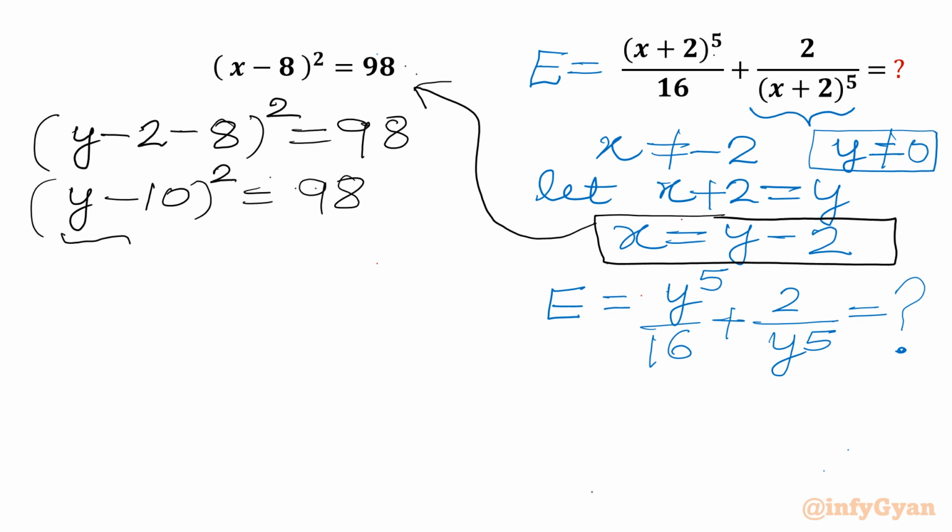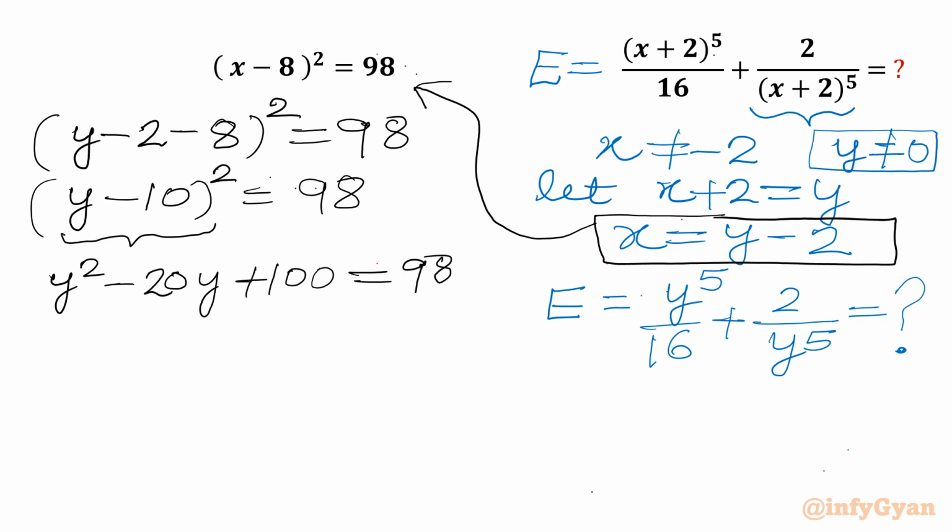Let's apply the (a minus b) whole square formula here. So we can write y square minus 20y plus 100 equal to 98. Now I will take 98 to the LHS. So I can write y square minus 20y plus 2 equal to 0.